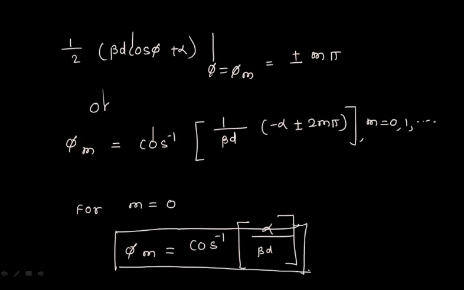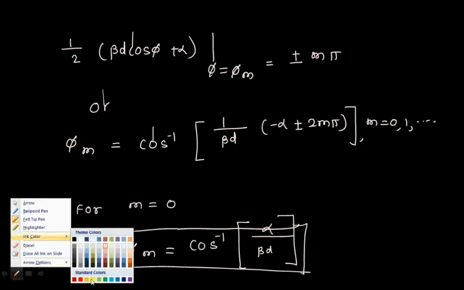Now the next one is to find the direction of maxima for the minor lobe. So the things will change here if I'm going to find the direction of side lobe maxima.